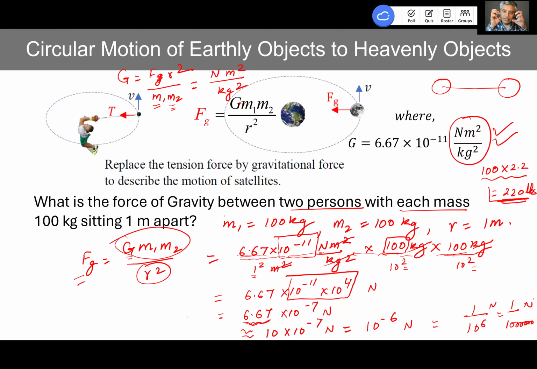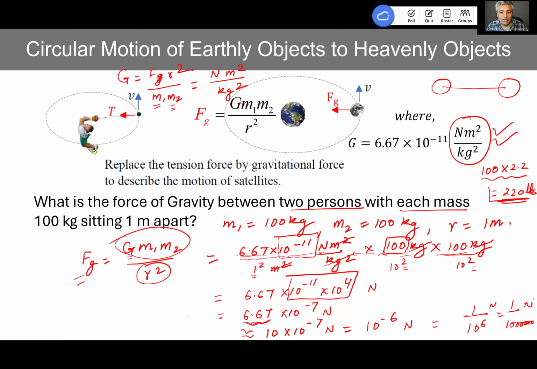when there are two persons a meter apart, they don't notice any force because the force is very small. It's way smaller than the weight of a mosquito. That's why you don't notice it when you are sitting next to your friend, and if you move away you don't feel that pull.